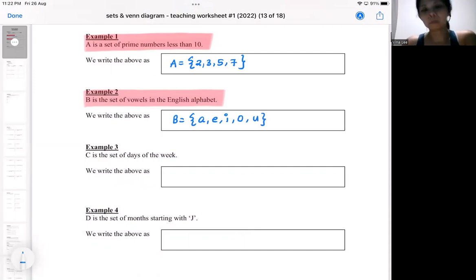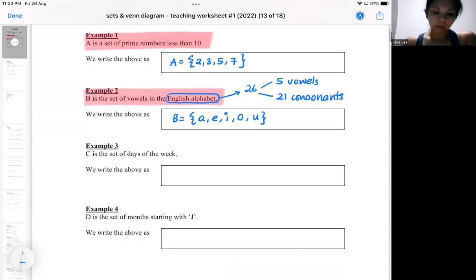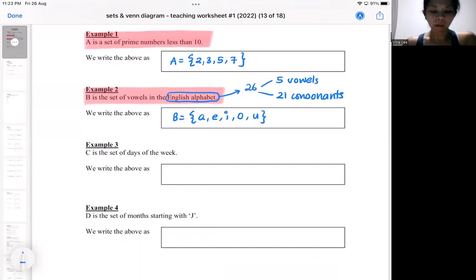In case you didn't know, if it's not vowels, it's consonants. In the English alphabets, A to Z, we have 26. Five fall under vowels, and the other 21 are called consonants. So these elements come from the English alphabet.